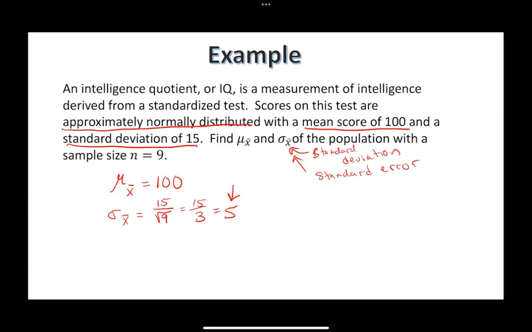If you're dealing with the population, use the population standard deviation. We should be getting some examples in a minute. But if they're talking about samples, use this. If they're talking about population, use that. You will see. We will do examples.